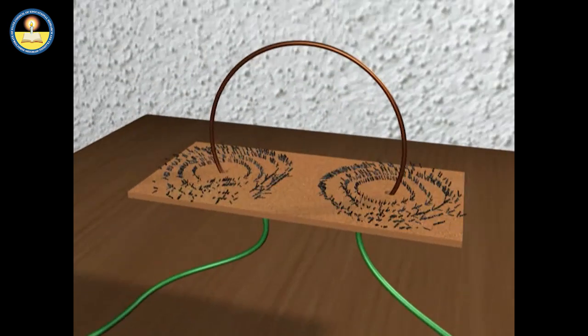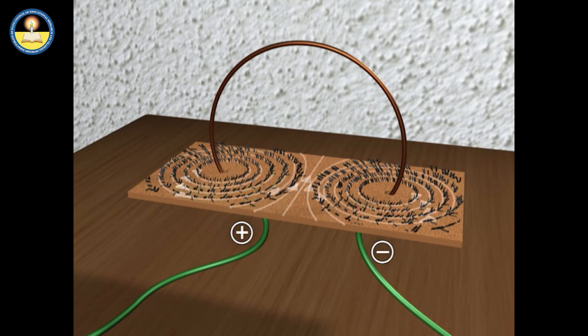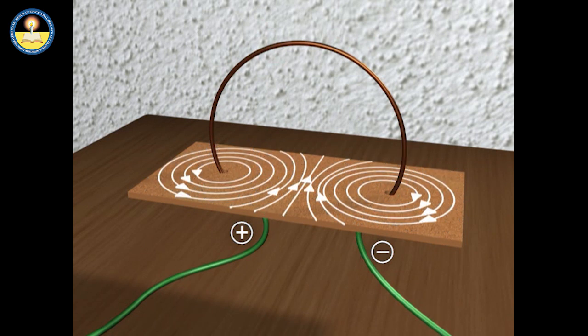On the other hand, if the current flows in clockwise direction, the direction of the magnetic field at the center of the circular loop is again perpendicular to the plane of the coil but directed inwards.